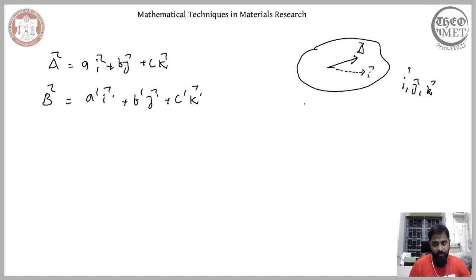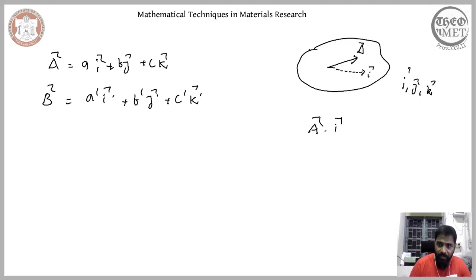All I need to do is take the dot product of A dot I. Again, I'm considering the A vector and I want to know how much of the A vector is present in the I direction. So to quantify that, I'm taking the dot product of A vector and I vector. So this happens in the separate space.